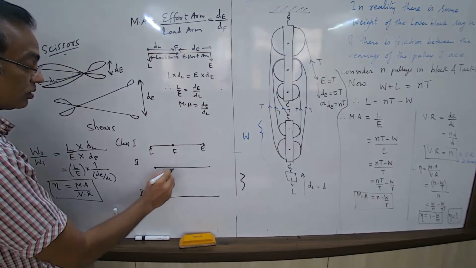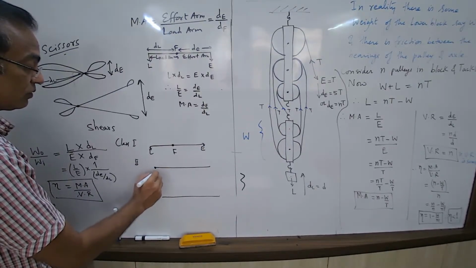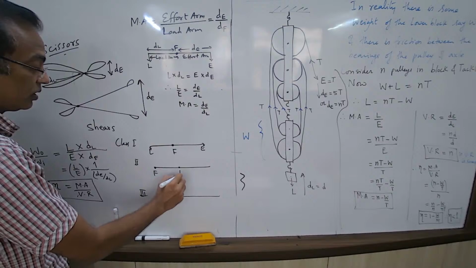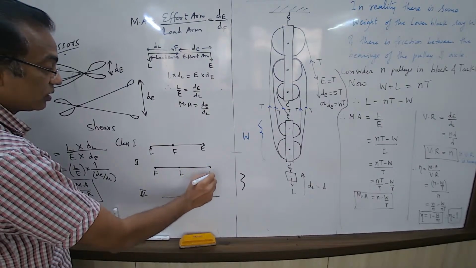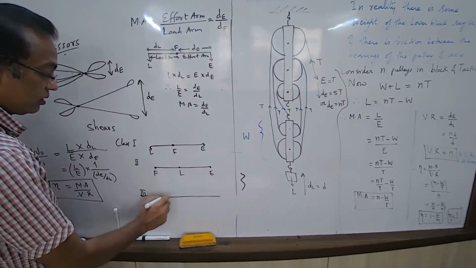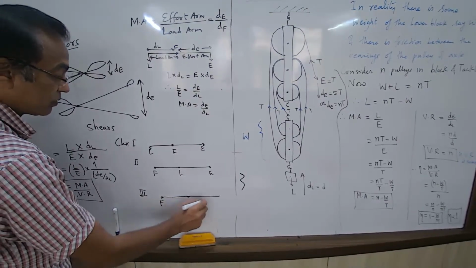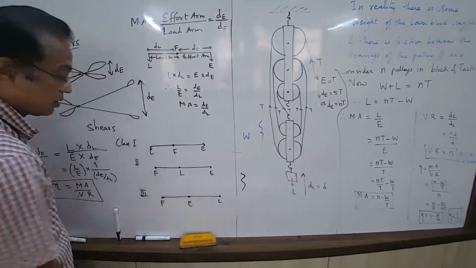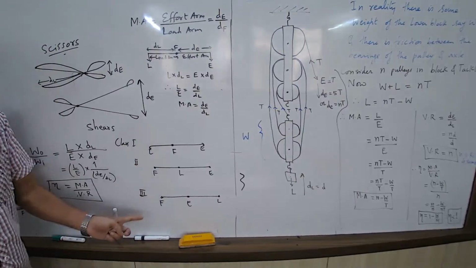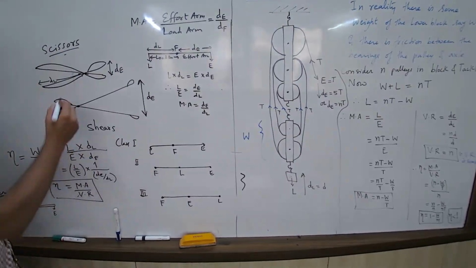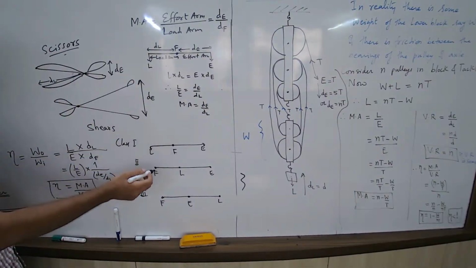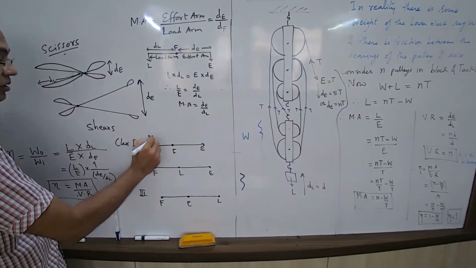Class 2 is fulcrum on one side, load in the middle, effort on the other side. What happens in class 3? Fulcrum on one side, effort in between, and load on the other side. Okay? So examples are many. And what is its MA? It can depend.